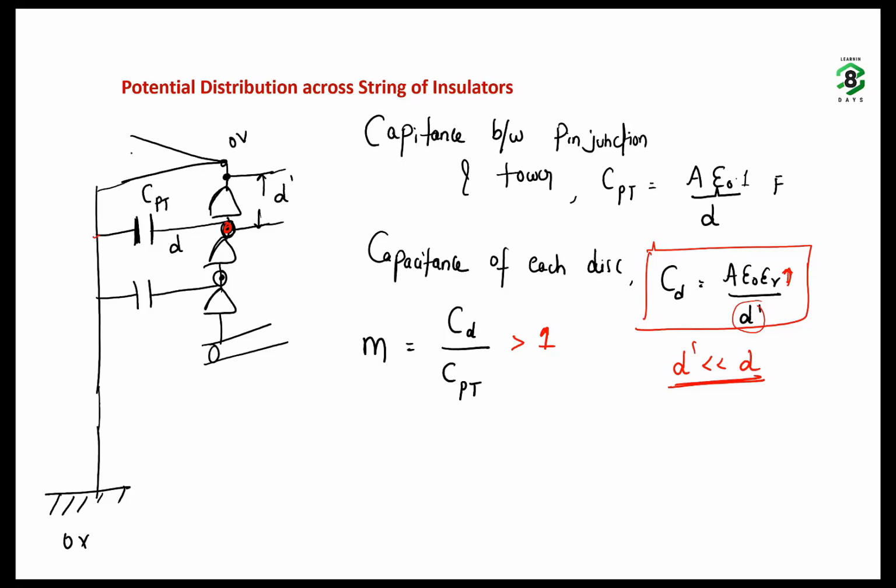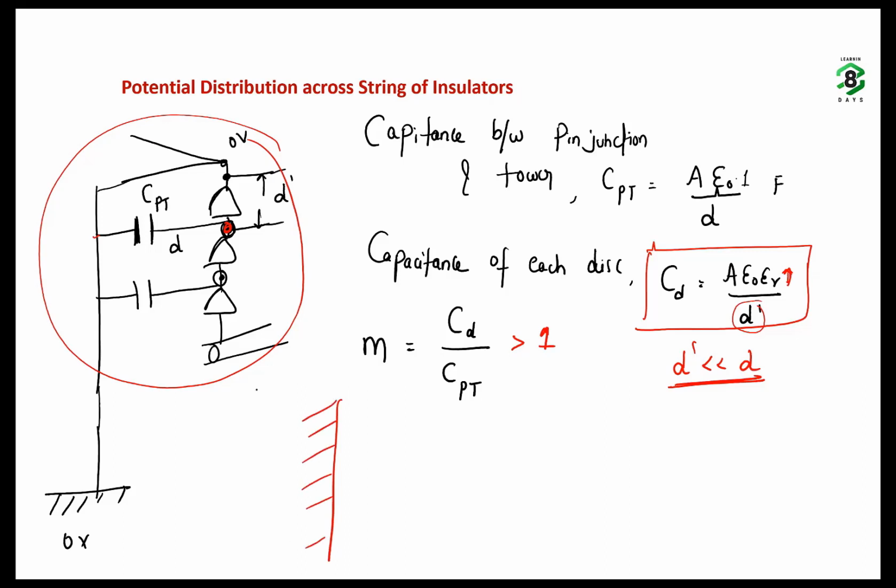Now, if I model this configuration in the form of an electrical circuit, how would it become? Since the body is at the potential of earth, I'm writing it as ground. Even the cross arm is at the potential of the earth, so I'm designating them as ground. Then each disc I can model as a capacitor.